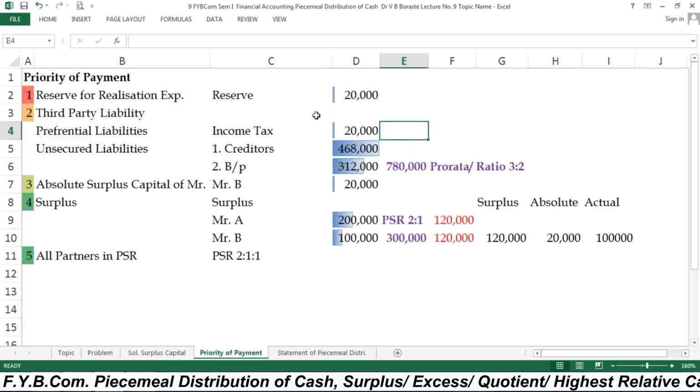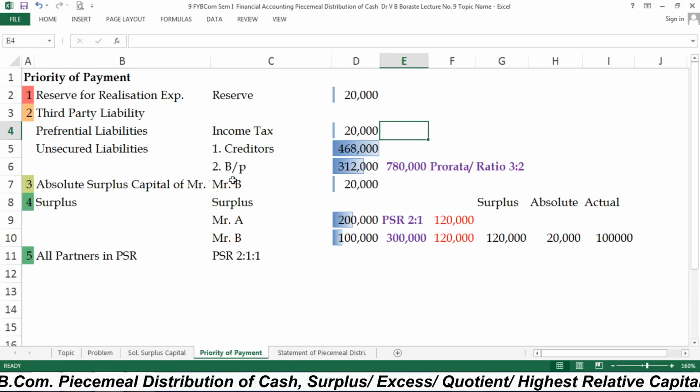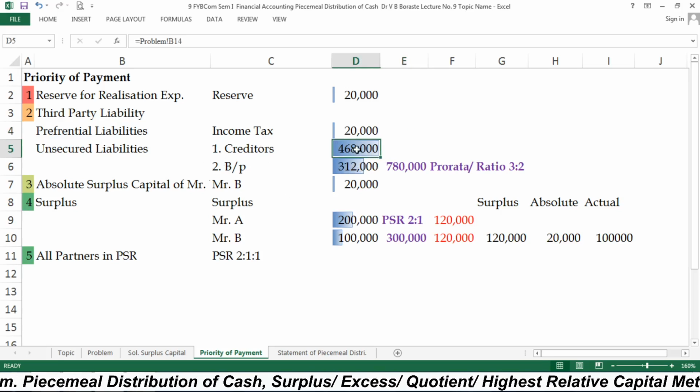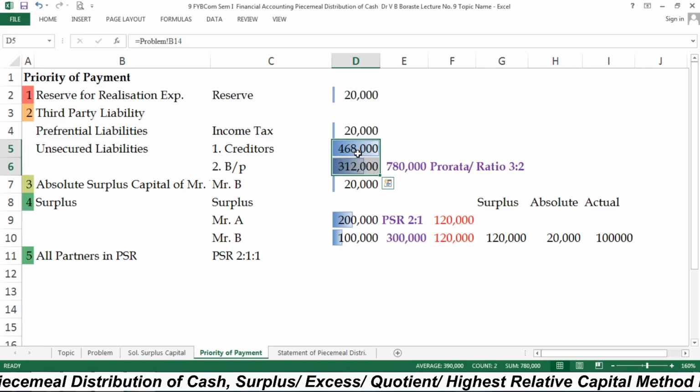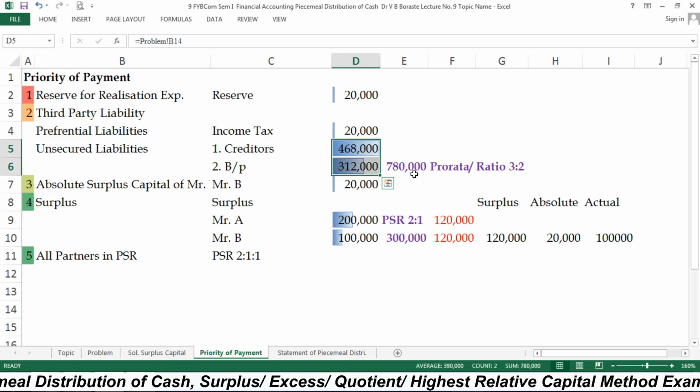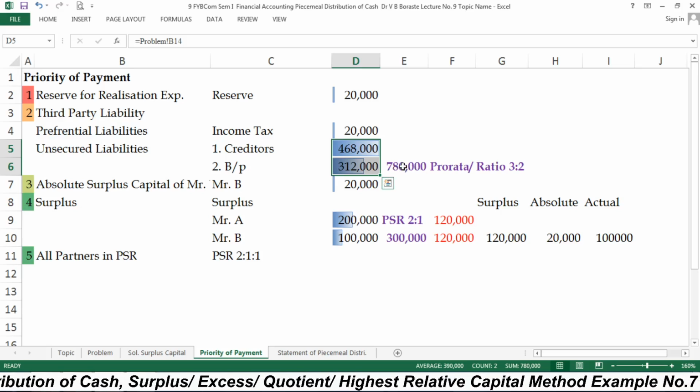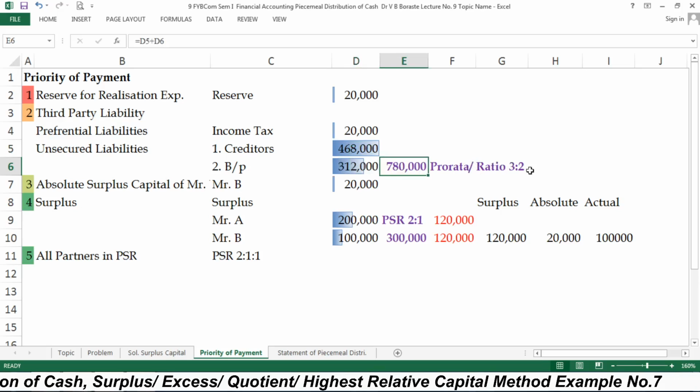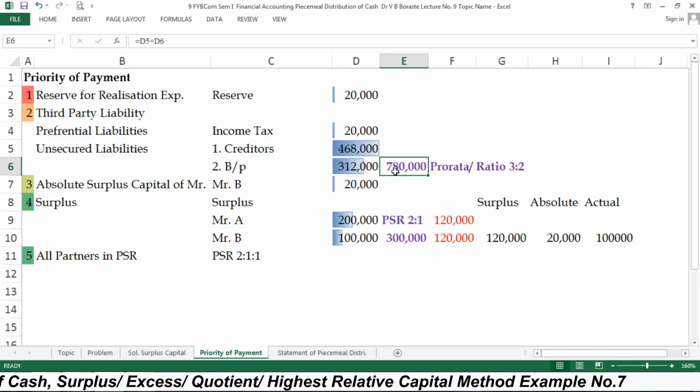After paying all these payments, we have to pay creditors and bills payable, and it means when we are going to pay creditors and bills payable, at that time we must have rupees 7,80,000. If we don't have 7,80,000, at that time we have to use the ratio, that is pro rata or ratio of liabilities of the particular person.